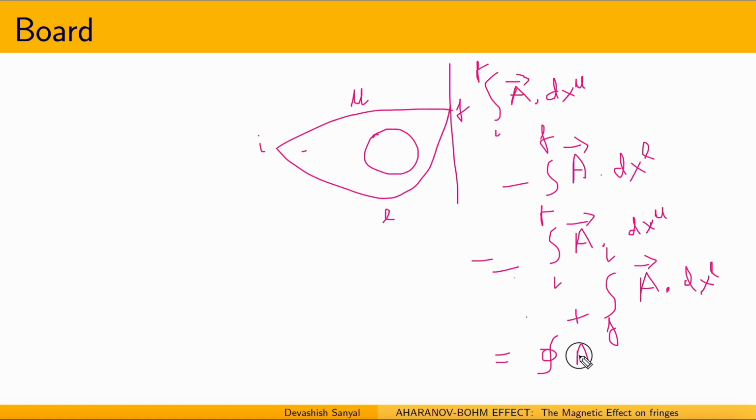So A dot dx, we just put the vector sign if you want, can be written as, from Stokes theorem, the surface integral of B dot ds.